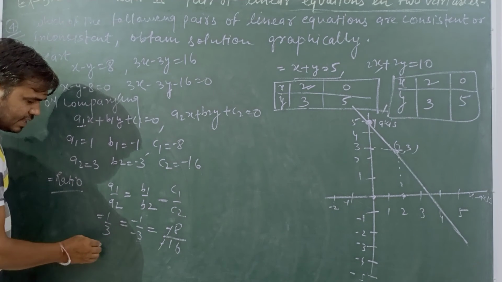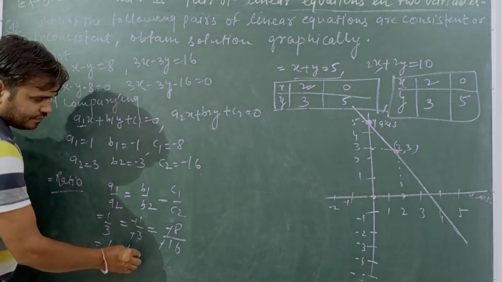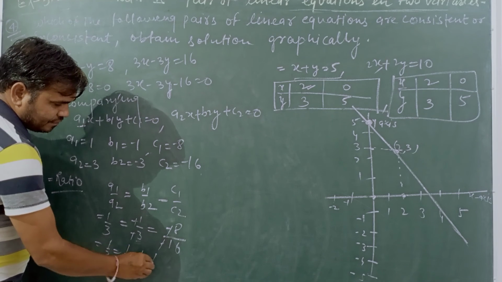After that you get 1 over 3, 1 over 3, which is not equal to 1 over 2.